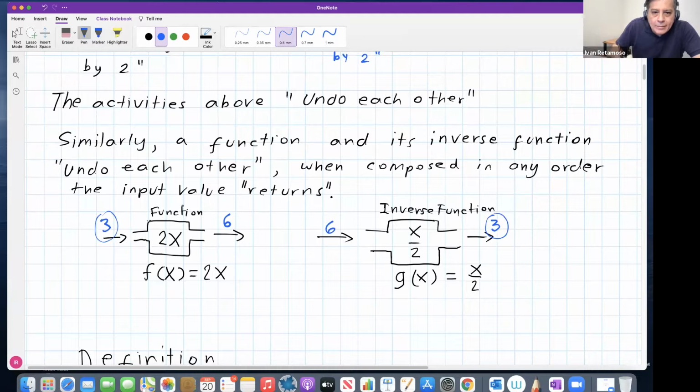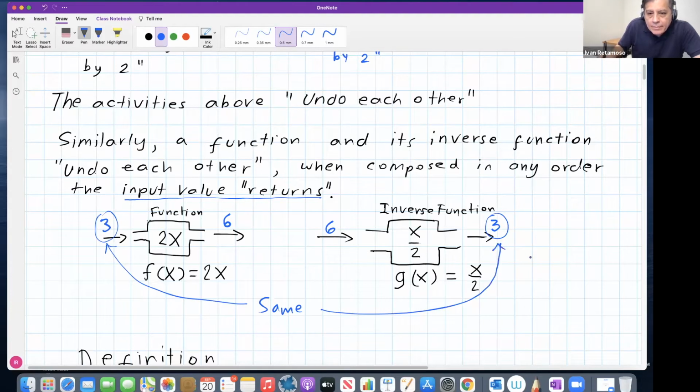So that is what I mean when I wrote here, input value returns.